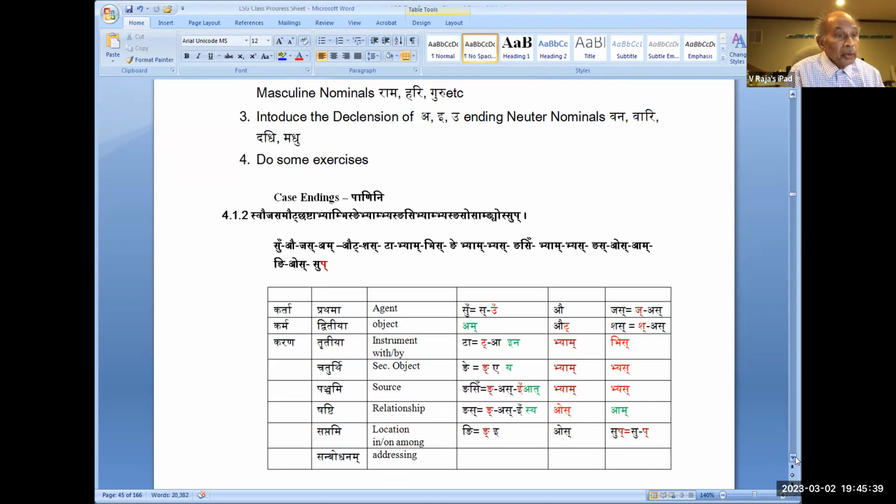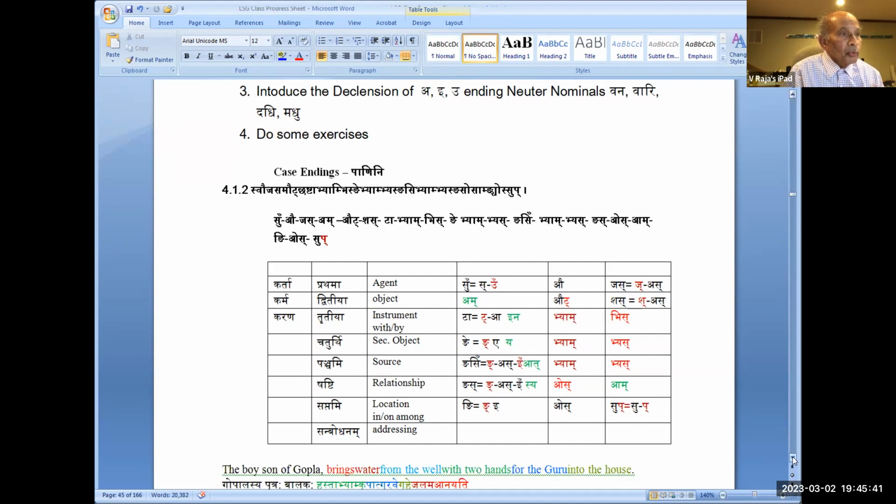And so we have to know, when do you use the pradhama vibhakti? It is used when the noun is an agent of the verb, that is, it is instructing the verb.